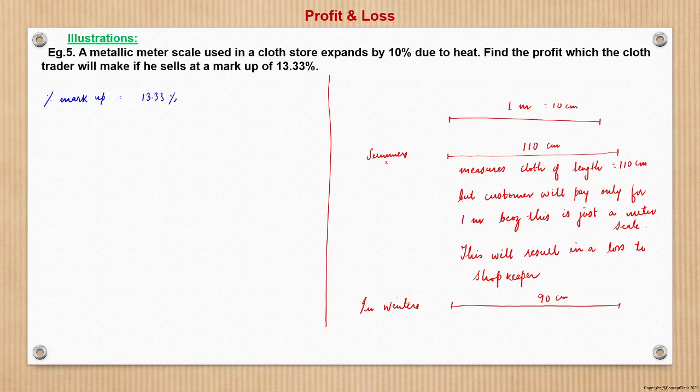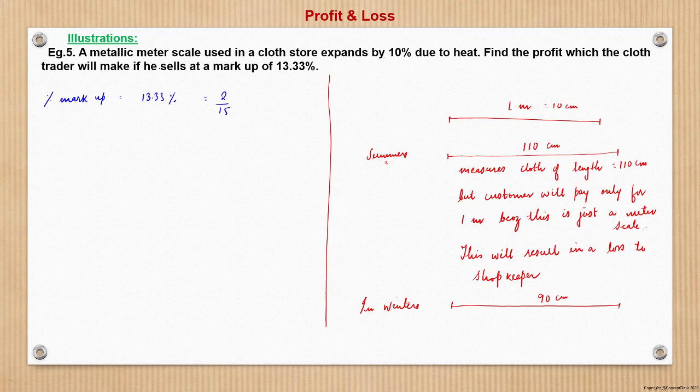Now 13.33%, what is 13.33%? We know 6.67% is 1 by 15 and 13.33 is 2 times 6.67. So this is nothing but 2 by 15, right?